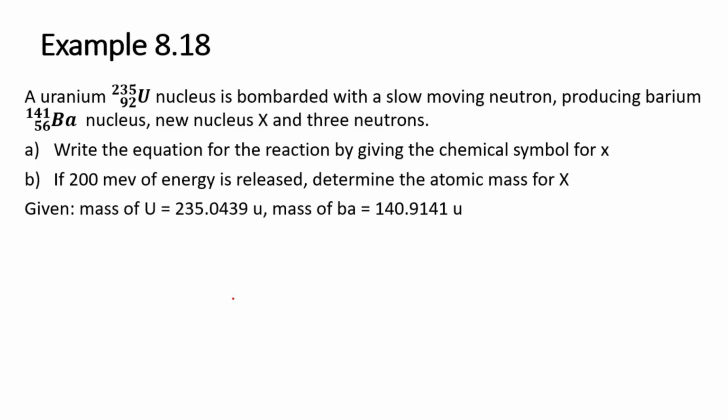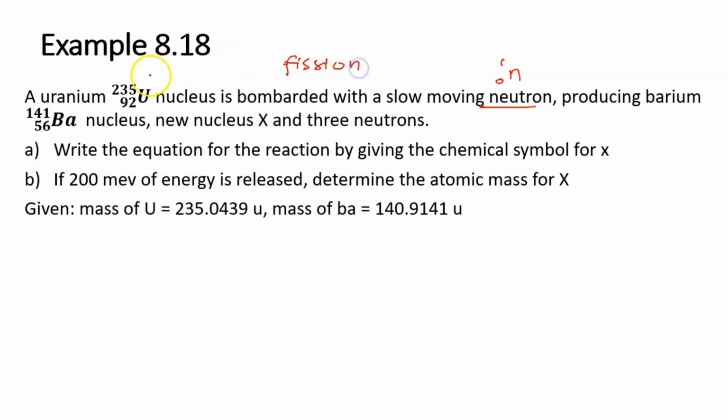Example 8.18. Uranium nucleus bombarded with a slow moving neutron. So this is n, 1, 0, producing barium nucleus, new nucleus X and 3 neutrons. Write the equation for the reaction by giving the chemical symbol for X. So from the reaction, this is fission, nuclear fission.